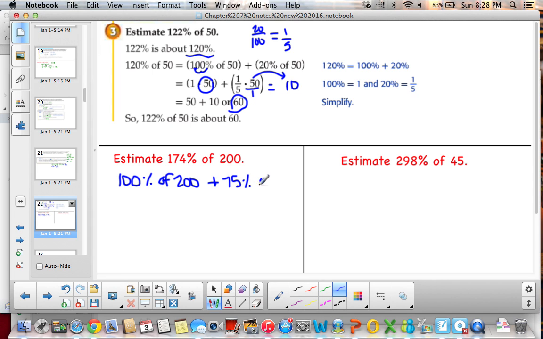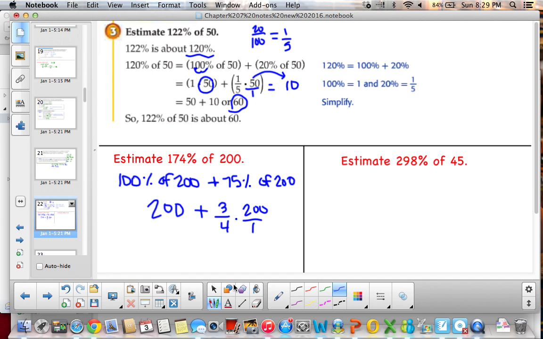So 75% of 200. So I know that 100% of 200 is 200. And then I know that 75% of 200, so 75% we can write as 3/4, and then multiply it by 200.